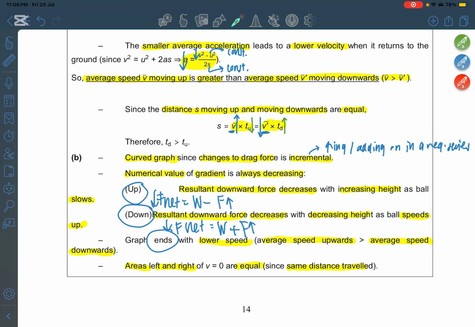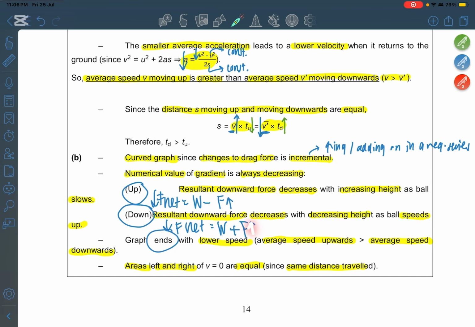And so with decreasing height, as it goes down, right, the force is going to keep increasing. The ball is supposed to speed up. Apparently, I don't know.